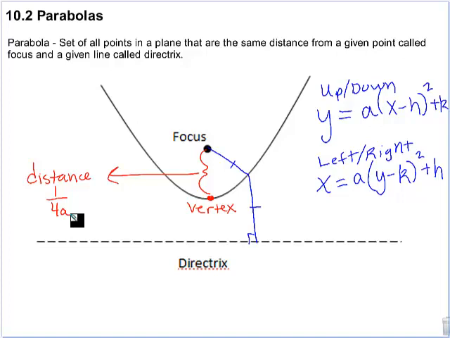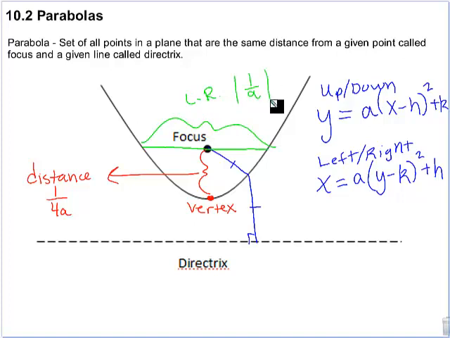So we'll plot the vertex, we'll figure out this distance, and we'll plot the focus. Then the third thing we plot is, at the focus, we're going to find something called the LR, which tells us how wide our parabola is. At the focus, we're going to graph this little line here.